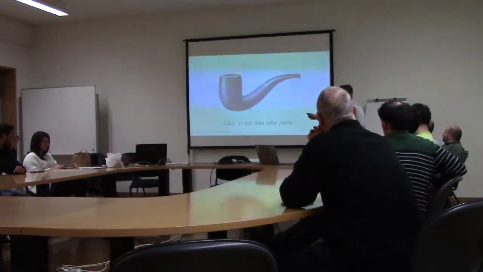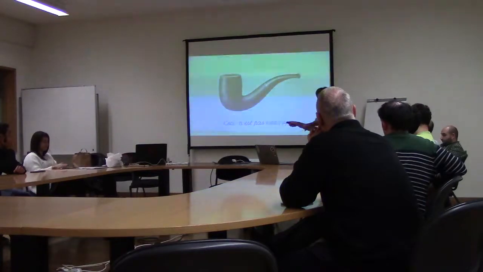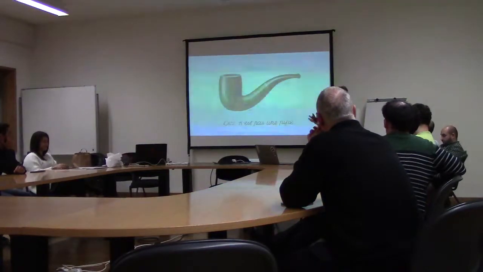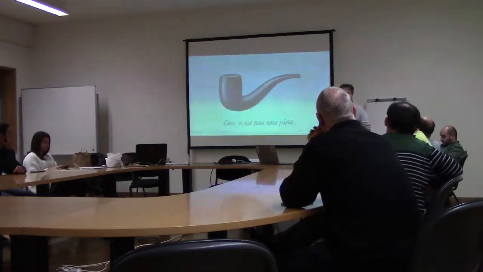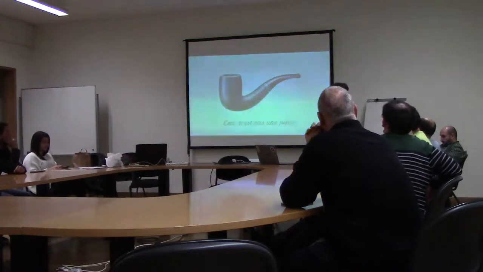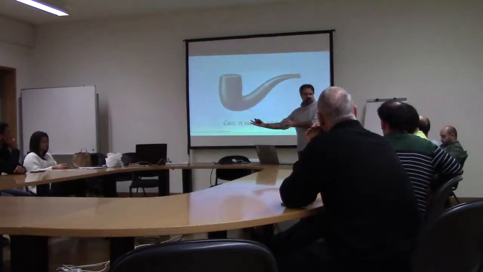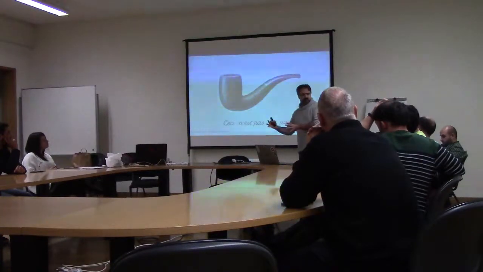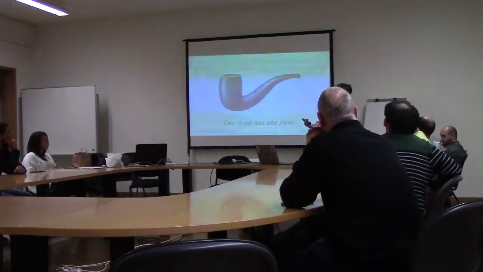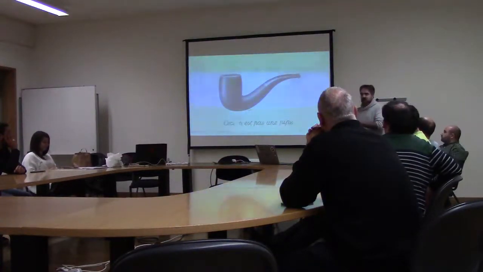And of course, this is not a pipe. This is the representation of a pipe. The same thing applies for our APIs. We are sending to our customers a representation of an internal model that we want to expose.